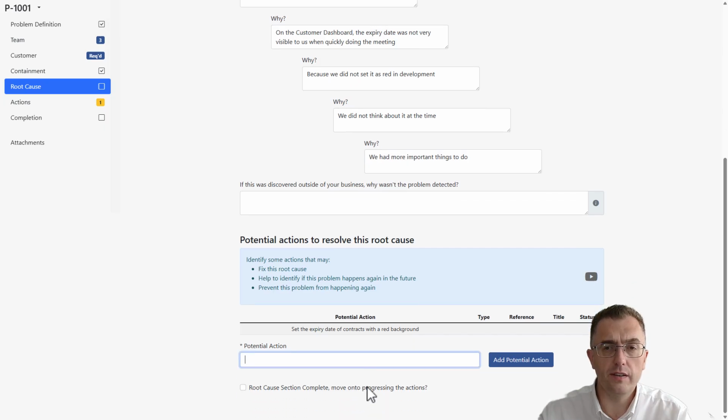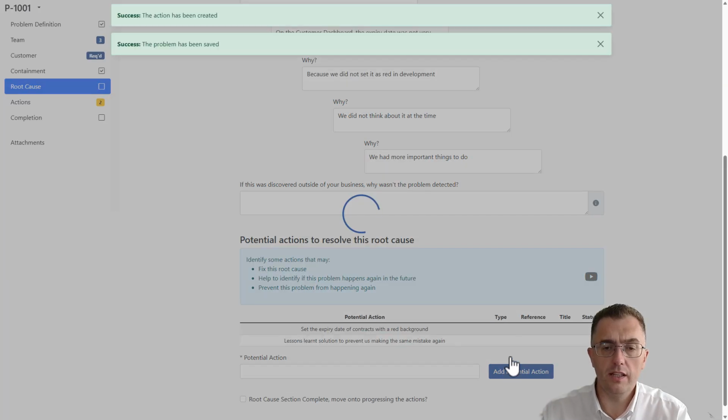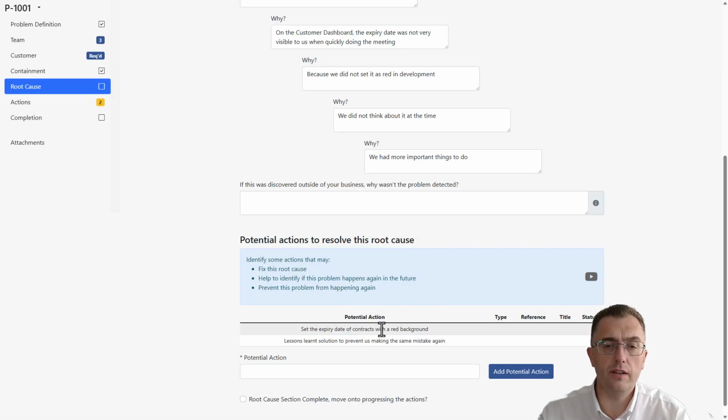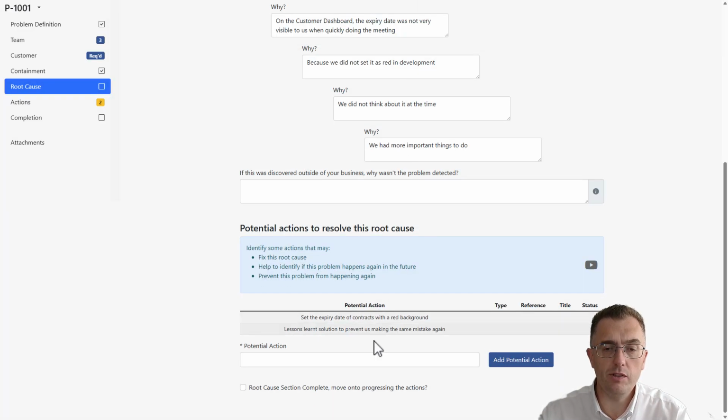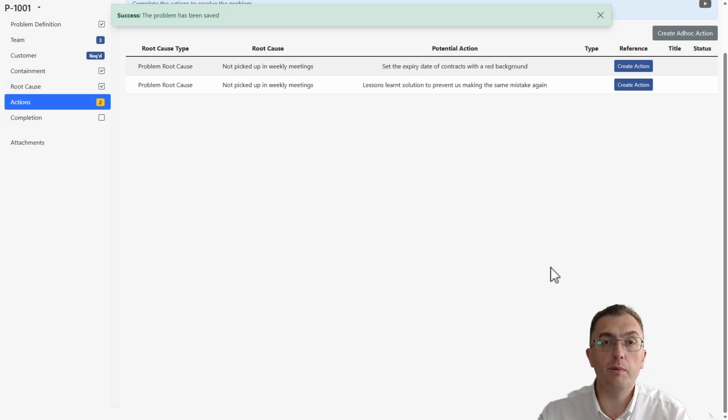We could look at a lessons learned solution to prevent us from making the same mistake again. And so on. So you can add all of your potential actions there. Then once complete, tick this box here, click save, and you'll move on to the actions.